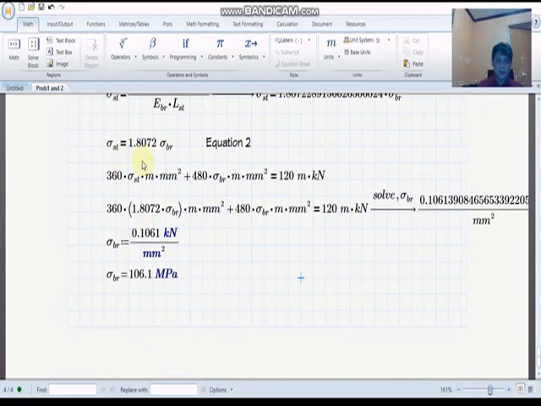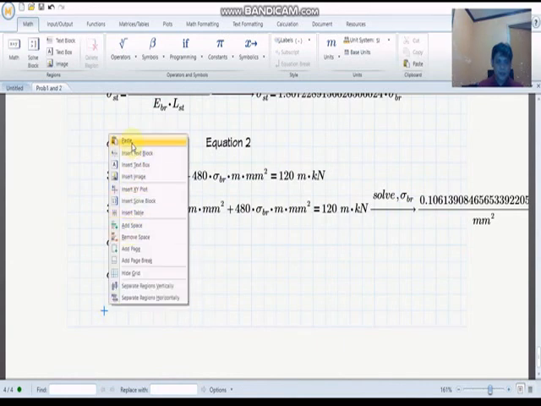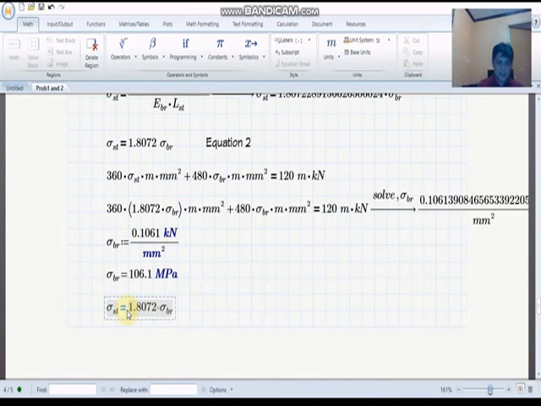And to solve for the stress in the steel rod, all you have to do is to use equation 2. Let us replace this one with the definition so that we can now determine the stress in the steel, which is around 191.744 megapascal. So there you have it. The stress for the bronze is 106.1 megapascal, and the stress for steel is 191.744 megapascal.